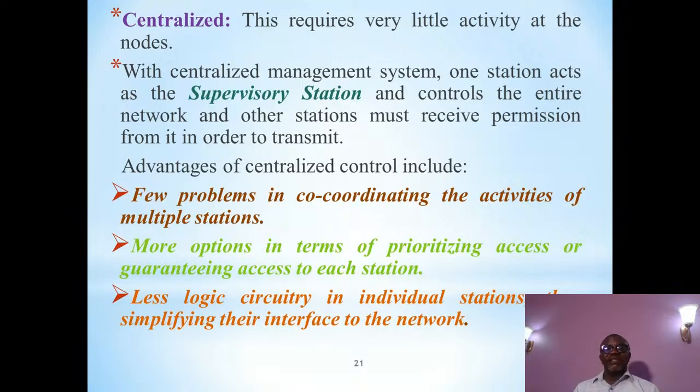With a centralized management system, one station acts as the supervisory station and controls the entire network, and other stations must receive permission from it in order to transmit.